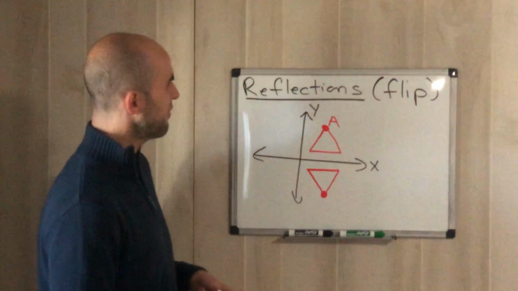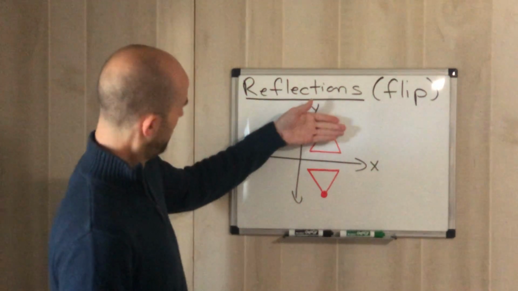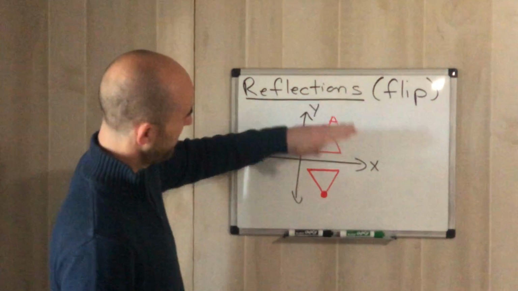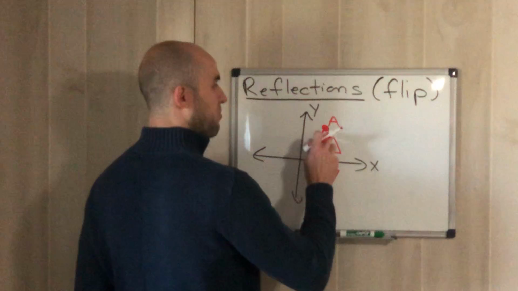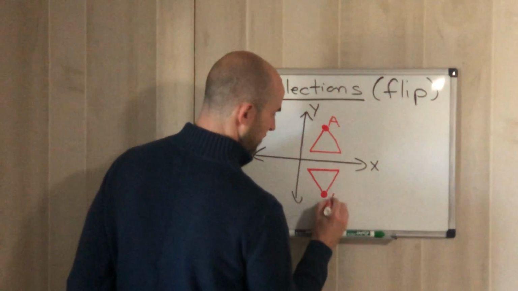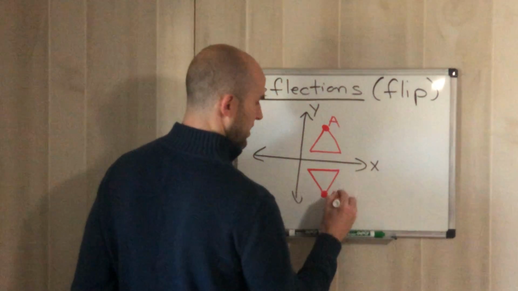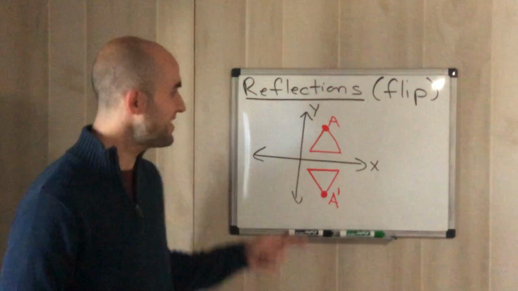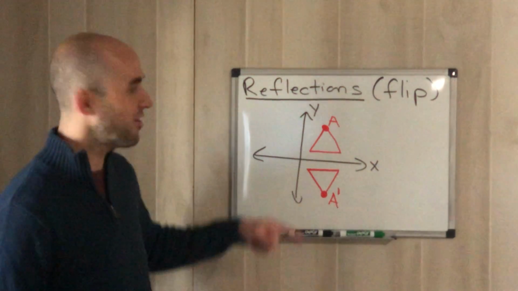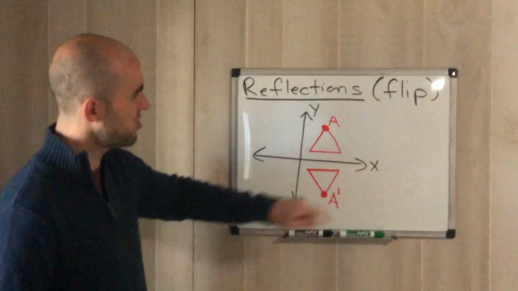So we had a reflection where we ended up flipping it from the top to the bottom. If this was our original one, our pre-image, A, then the one that comes last we would call A prime, because A prime always comes last. The one without the prime is always first. That's our pre-image, and this is our image.